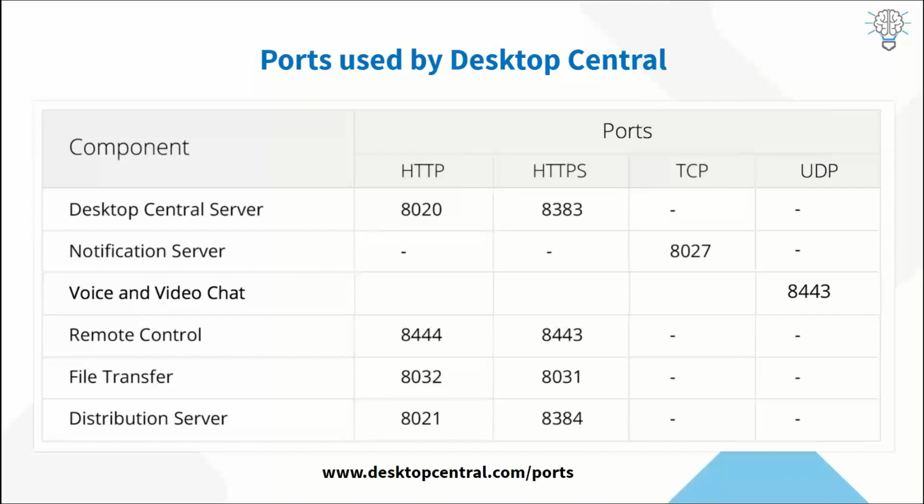The notification server performs all the on-demand activities like initiating a patch scan or a remote control, etc. And apart from these two ports, there are other optional ports that you need to open. The important ports are all listed on the screen. You can keep the respective ports open as per your requirement.